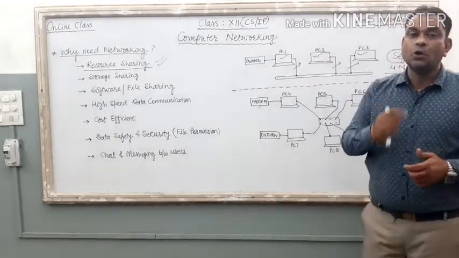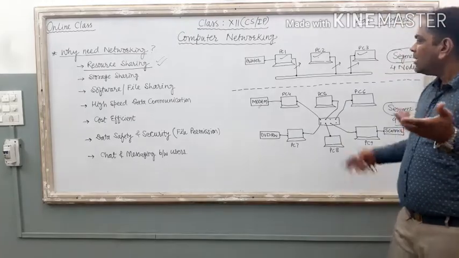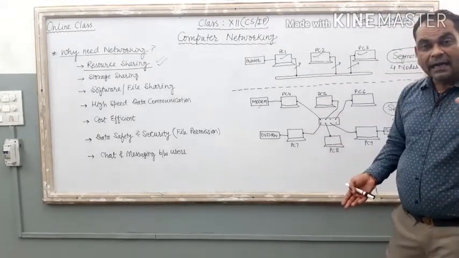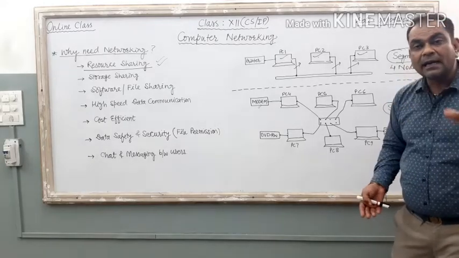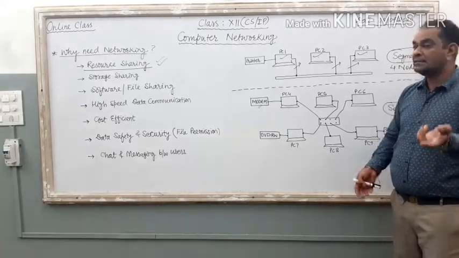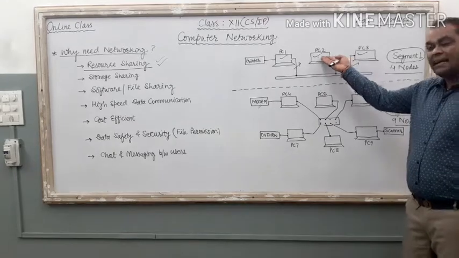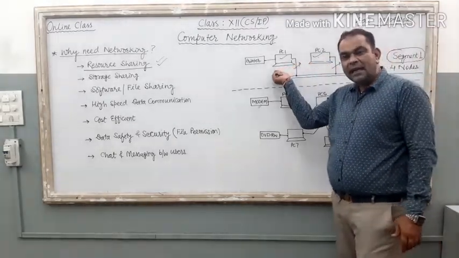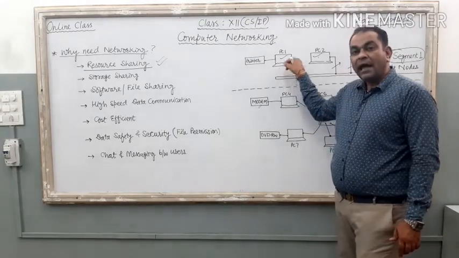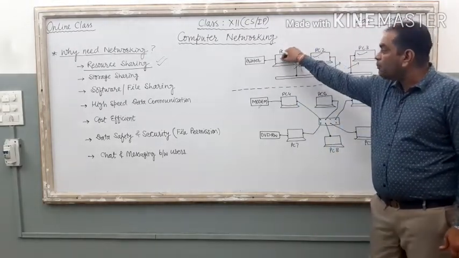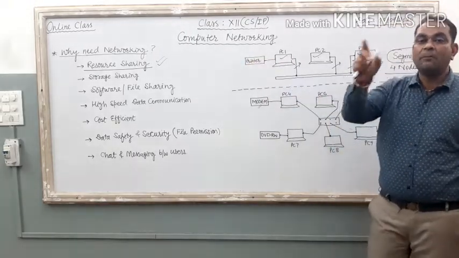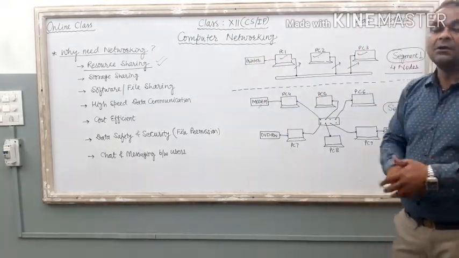What can he do? If these computers are not connected in any network or to the internet, the last option is that the user takes his file in a pen drive, goes to PC1, attaches the pen drive, first opens the file, and then sends it to the printer. It is a time consuming process.